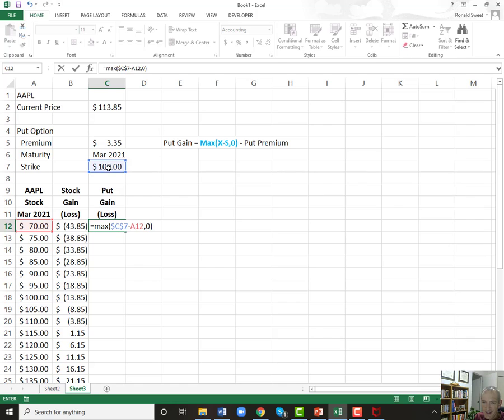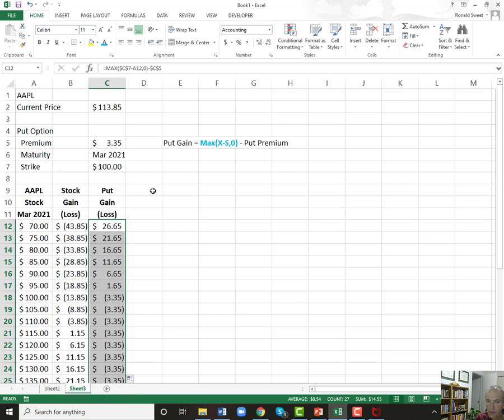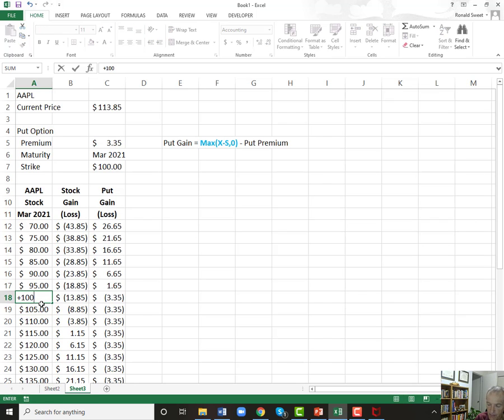Now here we have a gain, right? We have the right to sell this stock for $100 and it's currently only worth $70. So we're going to make $30 just on that, but we had to pay $3.35 to get it. All right. Now what's the break even here? Well, the break even here is going to be your strike minus the premium. So if you do 100 minus 3.35, you'll get exactly break even there.